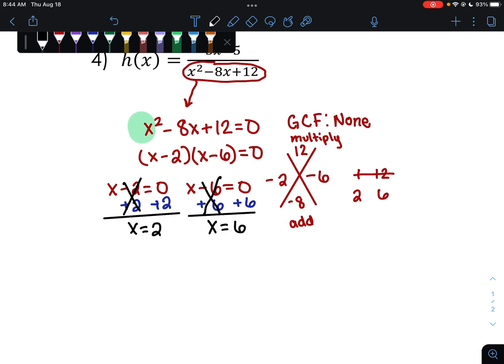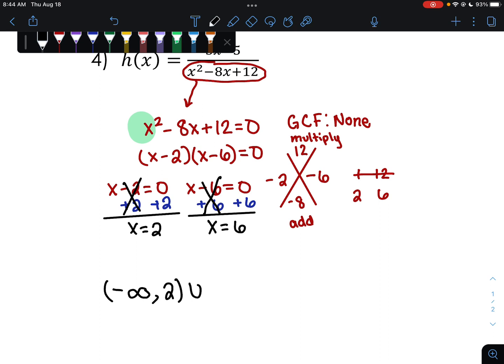So what we're going to do is start from the left side and work our way to the right side, and once we get to one of our values that make our denominator equal 0, we're going to stop and then rewrite the interval. So if we're starting at the left, we're starting at negative infinity. As I keep going to the right, the first thing I stop at is a positive 2.